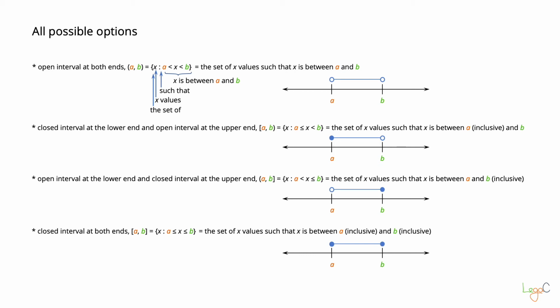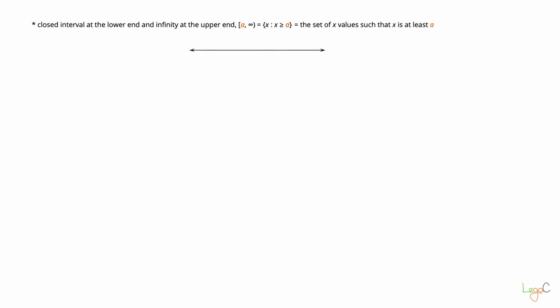Now, the next options involve infinity. So we have closed interval at the lower end and infinity at the upper end. So this is the set of x values such that x is at least a, or x is greater than or equal to a.